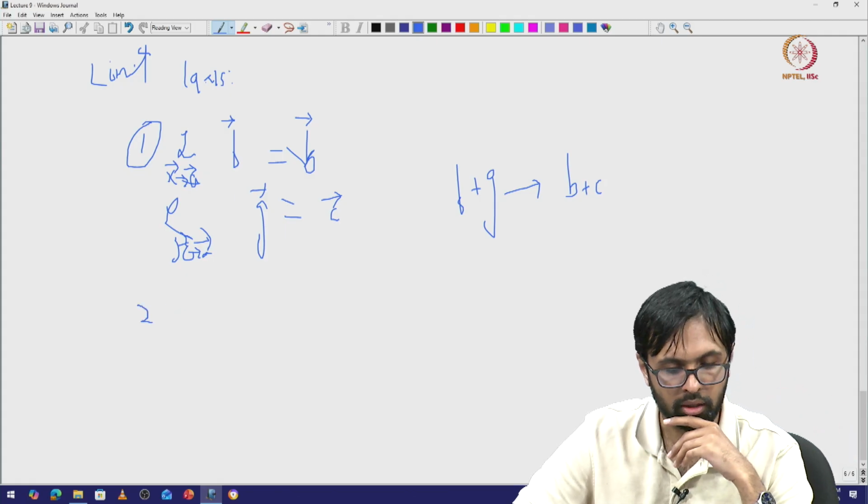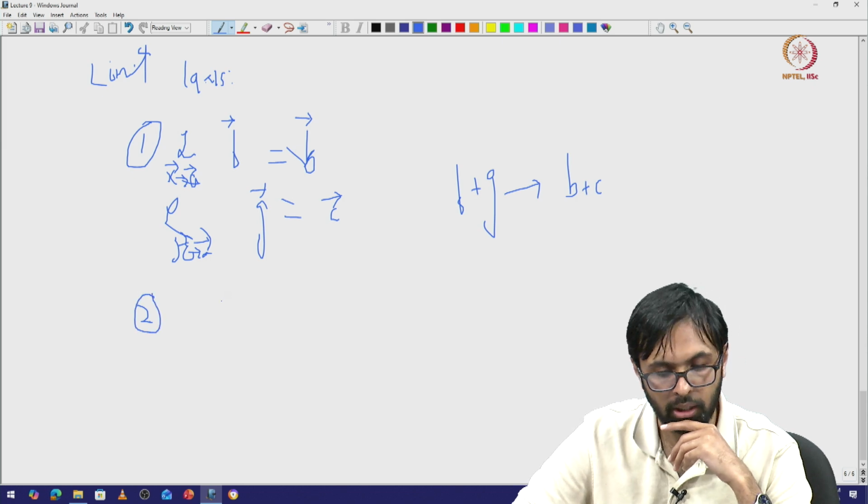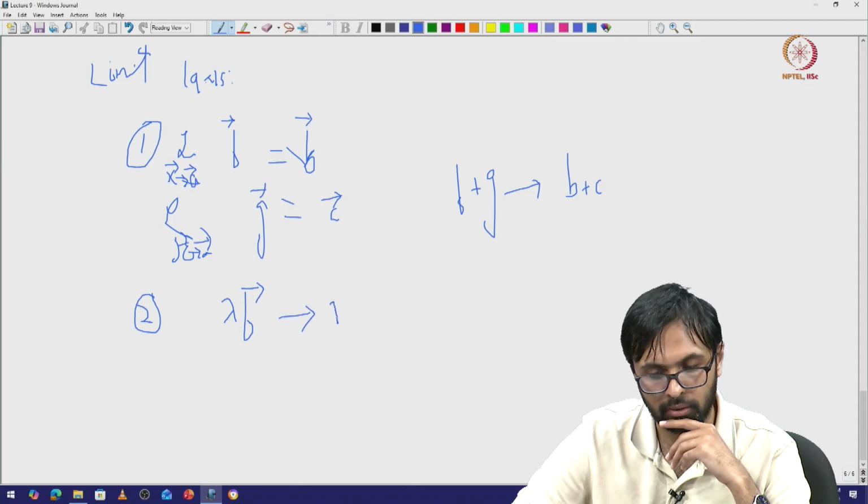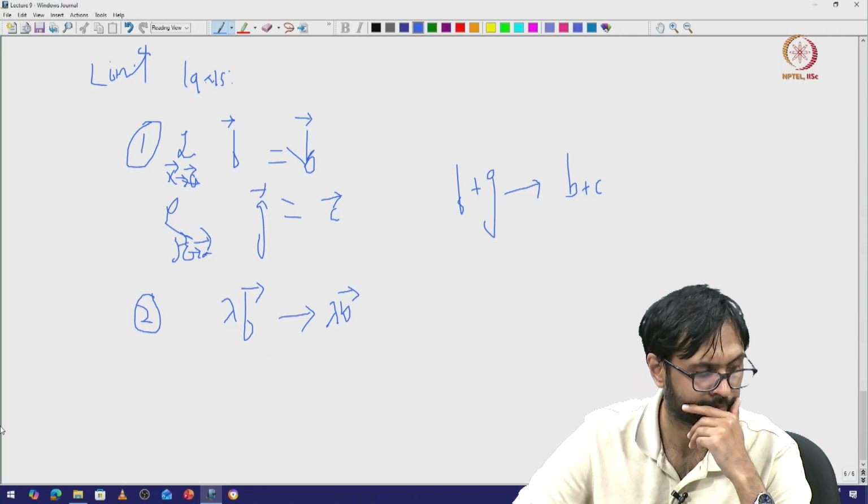So the second one is also similar. It's not shocking. If you multiply f by some scalar lambda, this limit exists and it converges to lambda times b. So if you scale the function, the limit also scales.